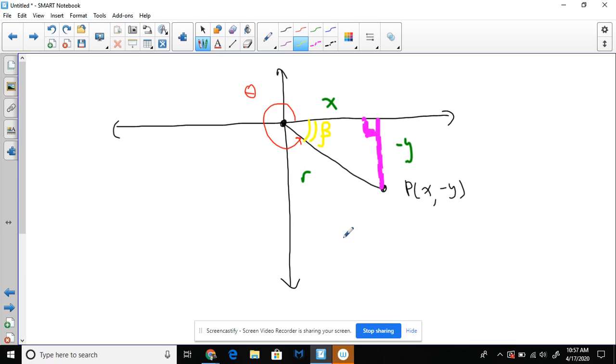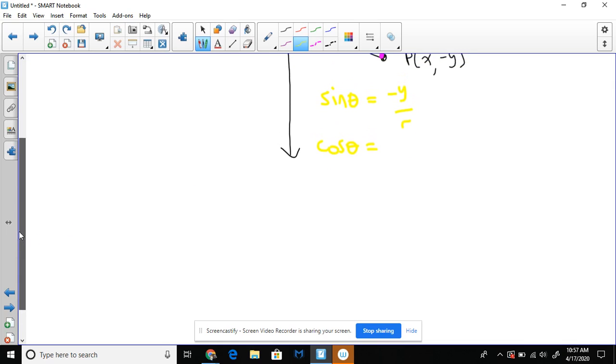So now same deal, when I write out my ratios, what's sine of theta? Well, sine is going to be opposite over hypotenuse, so negative y over r. Cos of theta is going to be adjacent over hypotenuse.